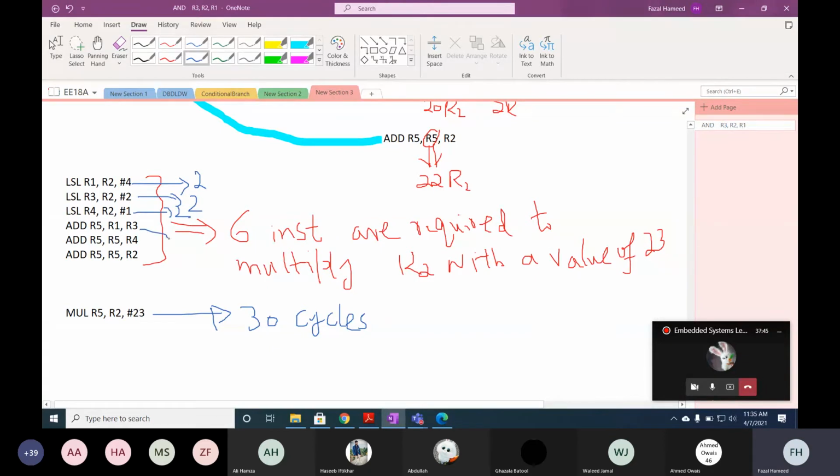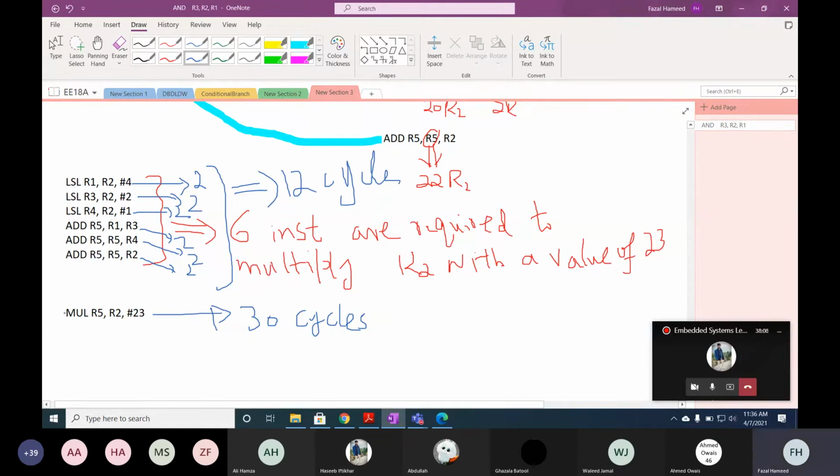2, 2, 2, 2, 2, and 2. How many cycles are required to perform the above operation? 12 cycles. Which one is faster? Is the first approach faster or the second approach? Sir, first is faster.